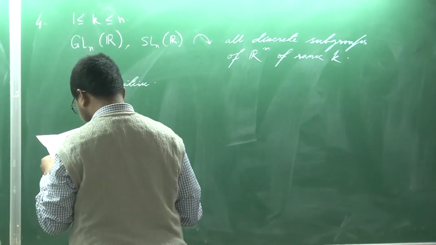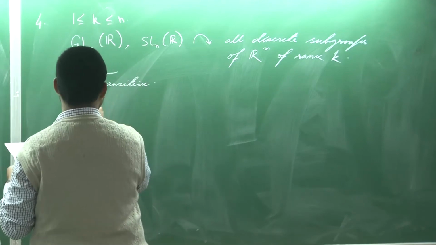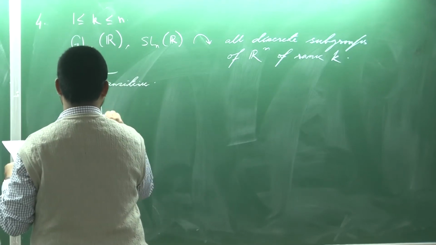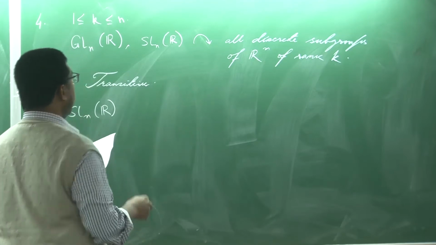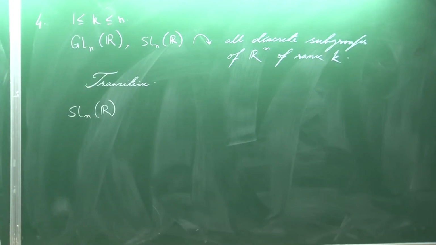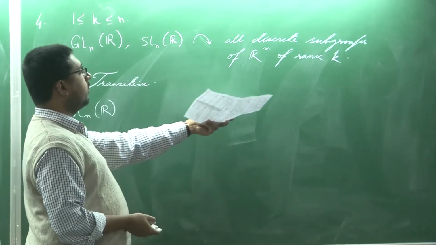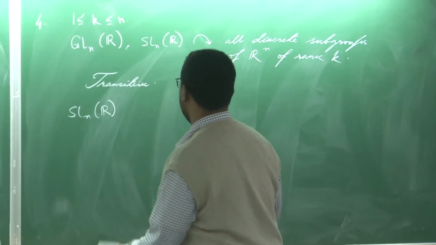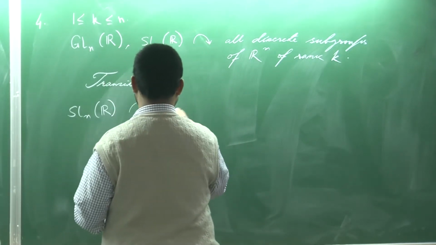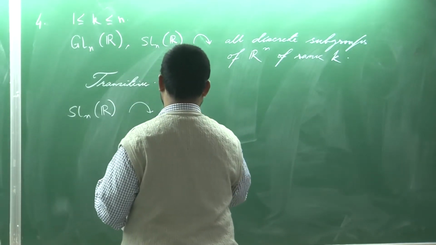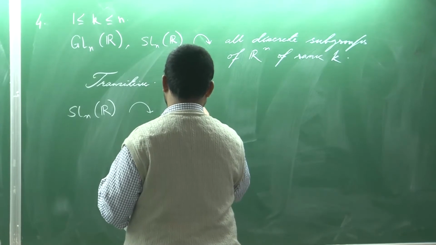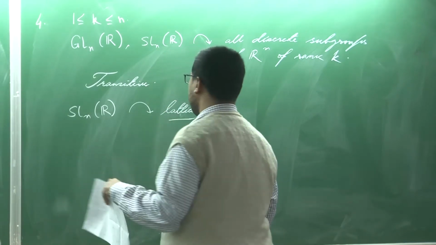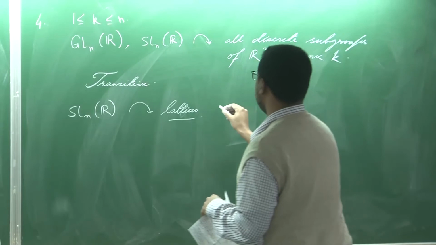In particular, SLnR acts on all discrete subgroups of rank n, that is, the space of lattices, the set of all lattices. Is this action transitive?